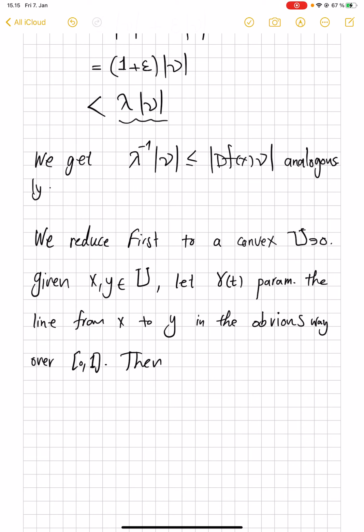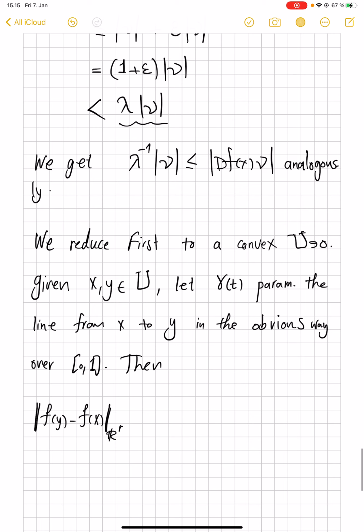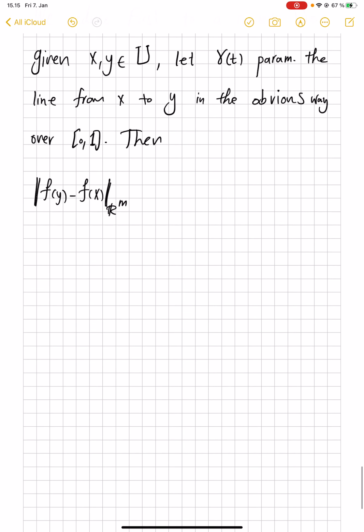Let's look at, first of all, the distance in the Euclidean. We had two metric structures. Let's first look at this one. |f(y) minus f(x)| is always less than or equal to the intrinsic distance of f(y) and f(x), because the shortest geodesic between f(x) and f(y) is this straight line, and it may or may not be within the manifold.